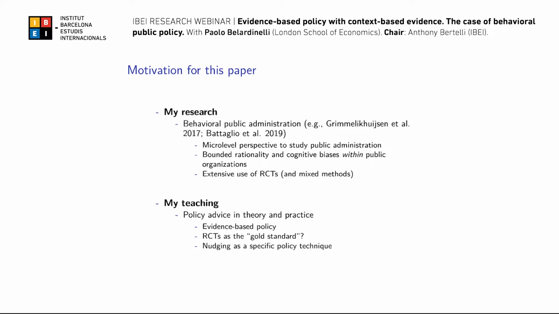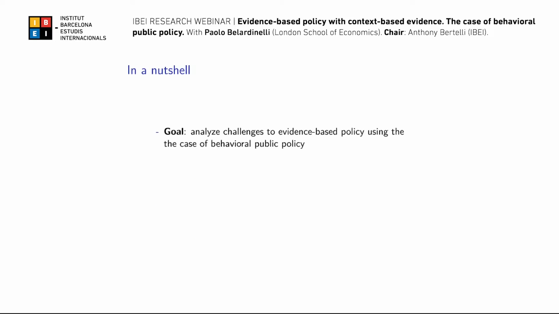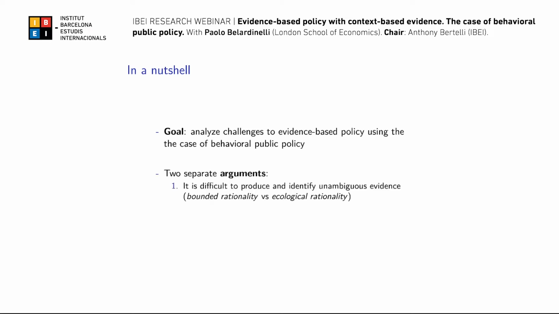Now, in terms of the specific messages of this paper, the goal is to analyze challenges to evidence-based policy using the specific case of behavioral public policy. And I will make two main arguments that will be clear as we go on with the presentation.